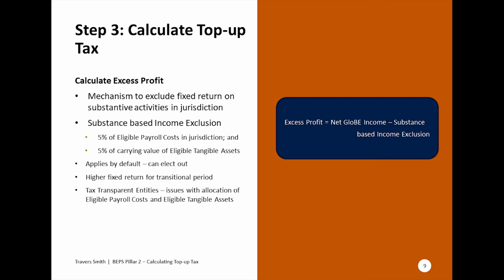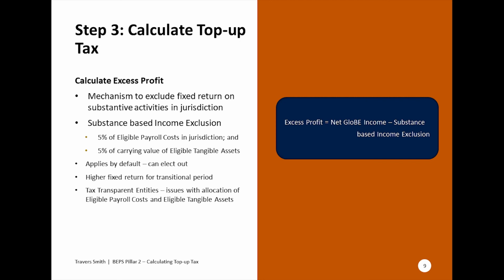There are higher returns over the 10-year transitional period from the commencement of the rules. So the return on eligible payroll costs tapers down from 10% over that period, and the return on the carrying value of eligible tangible assets tapers down from 8% over the period.